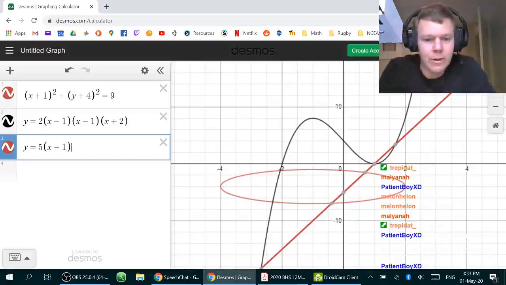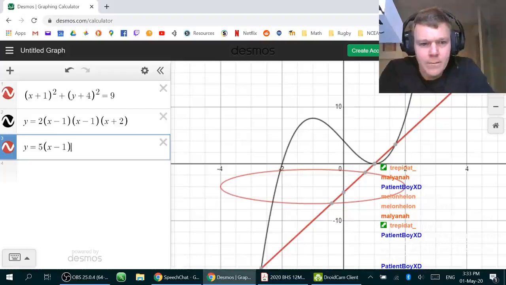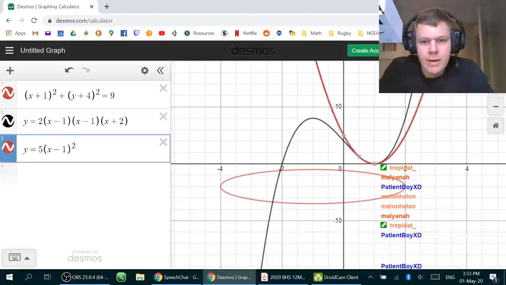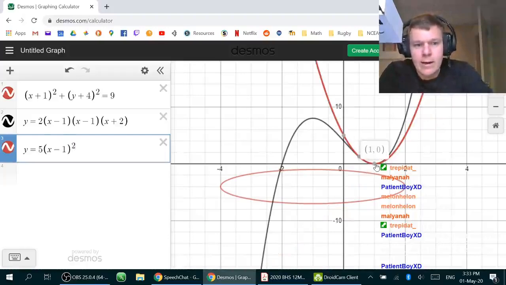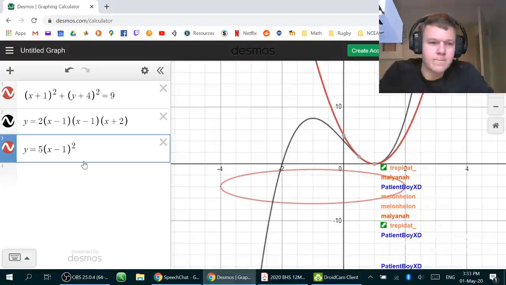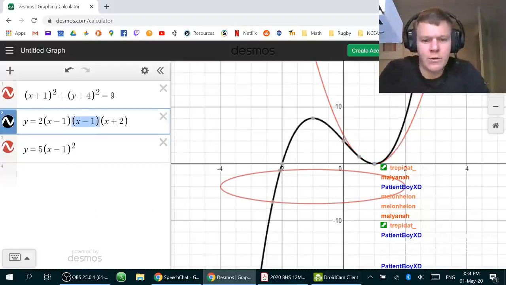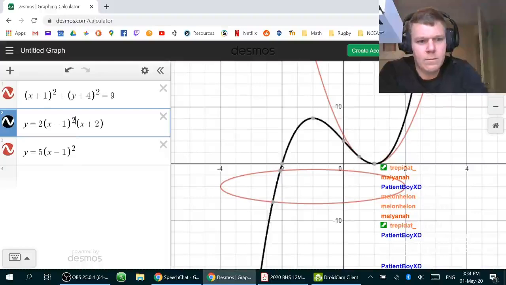Didn't know if that would do that. So if that's squared, then it's like putting a parabola on the line at x equals 1. Essentially you can do the same here with that equation.